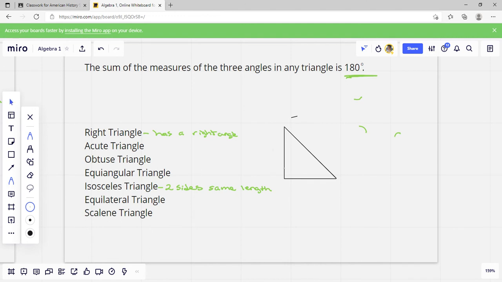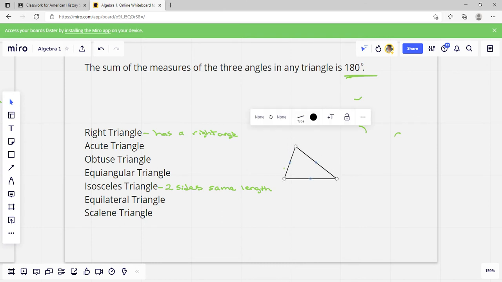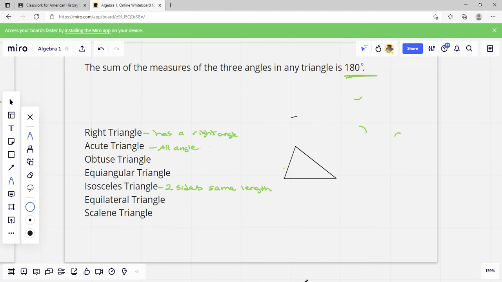So let's see if I can shrink this guy down and make it be an acute triangle. If I just take that and move it to there, then we're going to have an acute triangle because all of those angles measure less than 90. All angles less than 90 degrees.